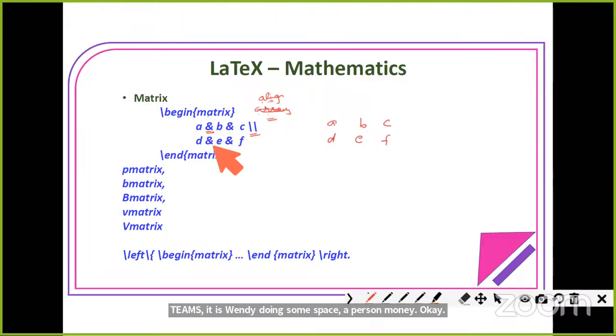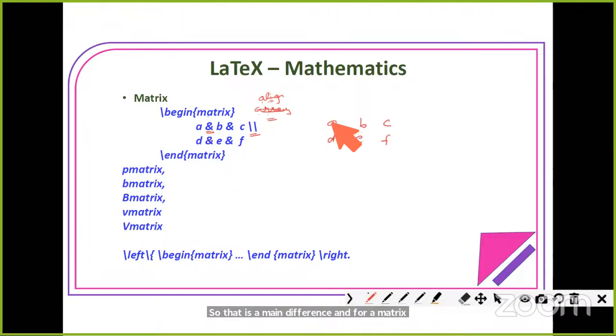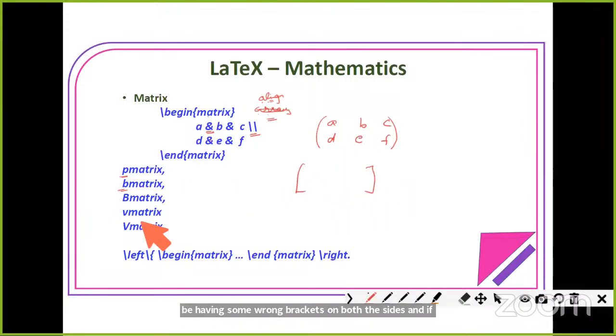And for a matrix, you will be having some boundary boxes, right? For different boundary boxes, you can use different ways. Like a pmatrix, a parenthesis matrix, will have round brackets on both sides. And if you use b, that is square brackets.